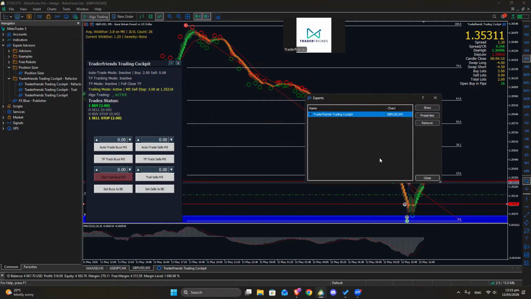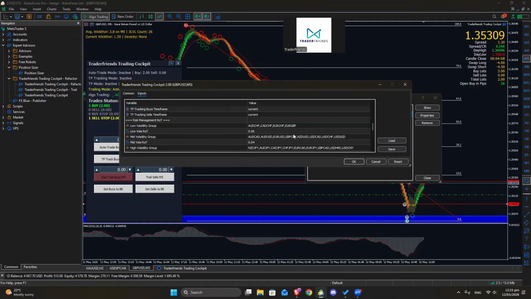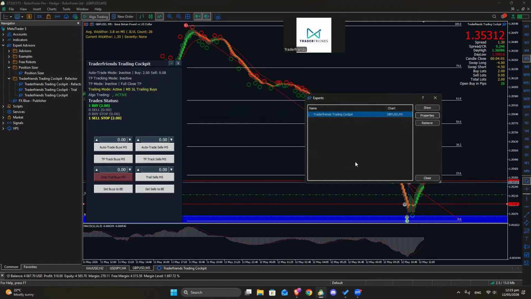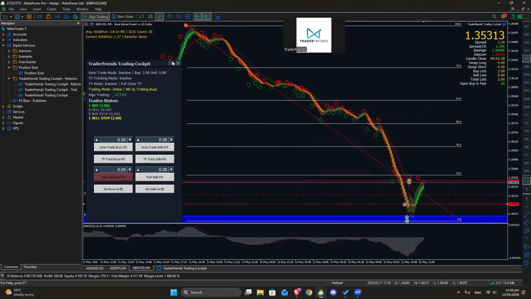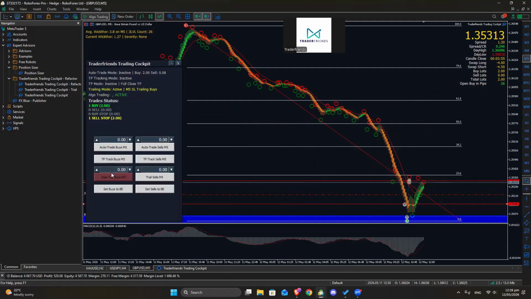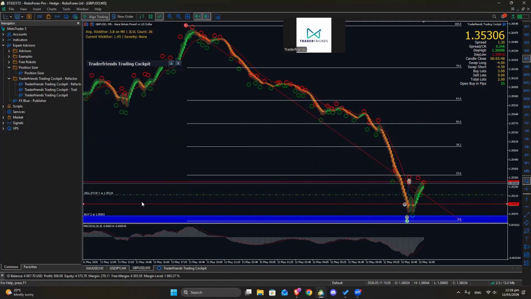what's going to happen is, stop loss trailing. Boom. And there you go. We can close the trailing. Maybe that does not work.